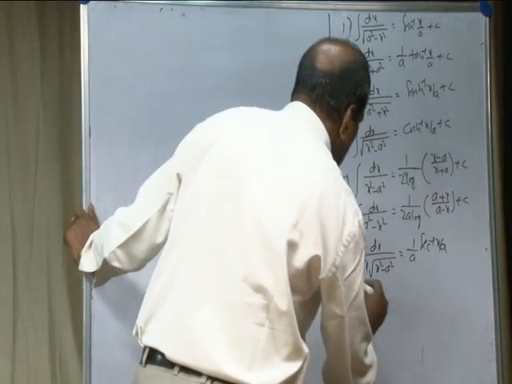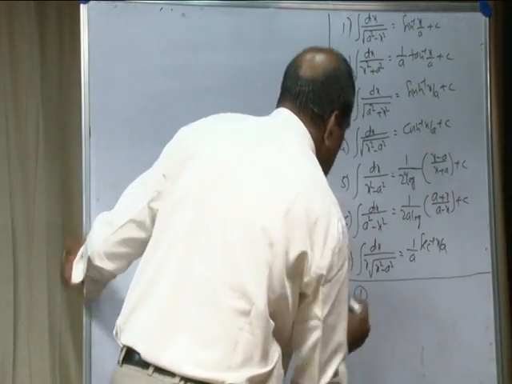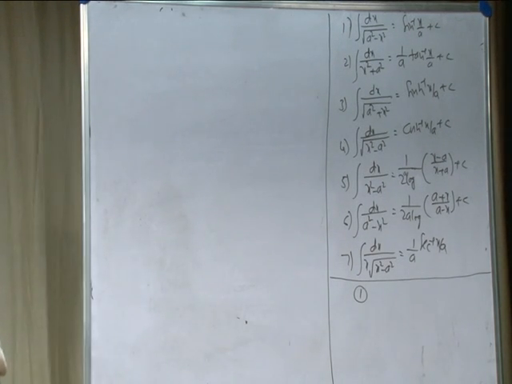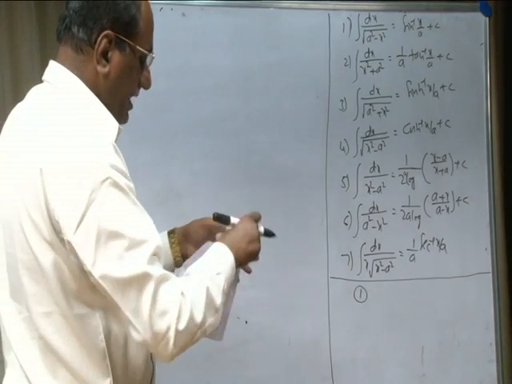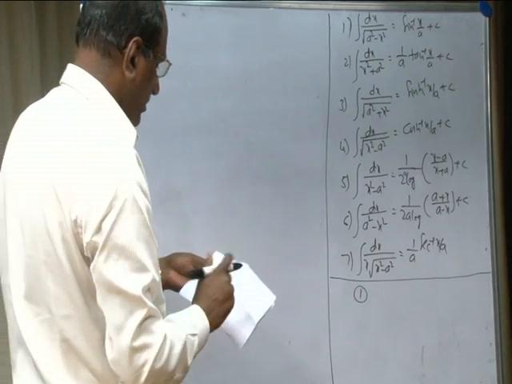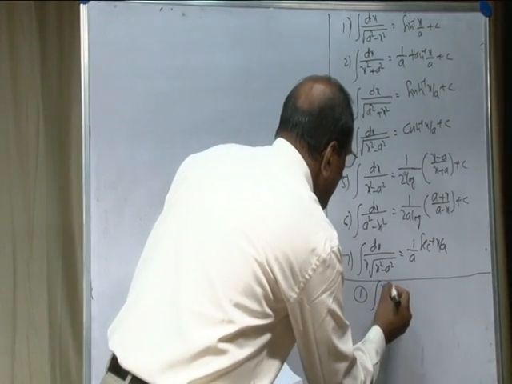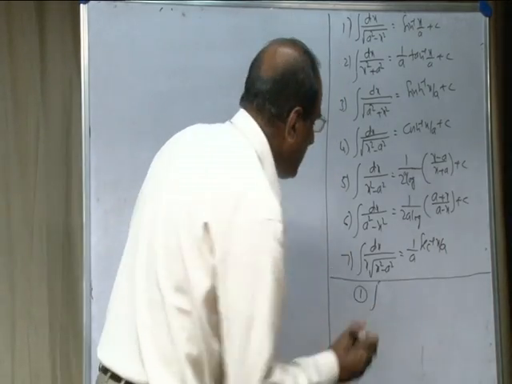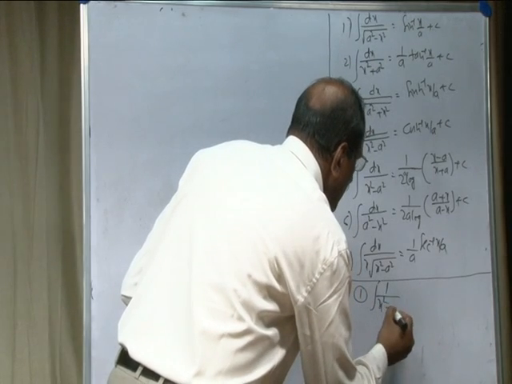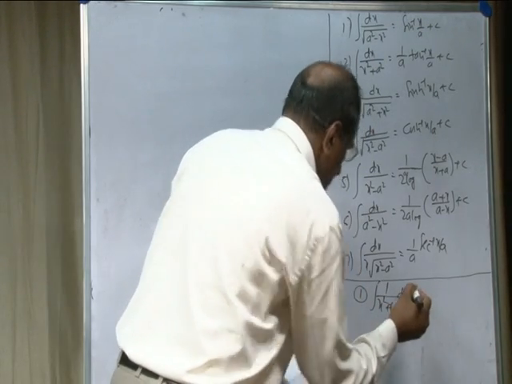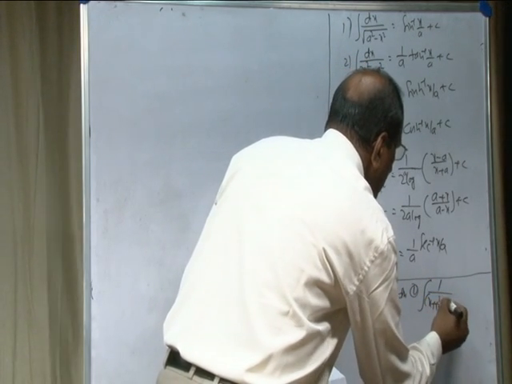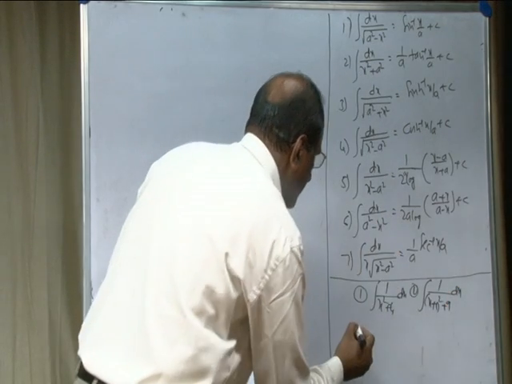Problem number 1: integration of 1 by x square plus 4 dx. Second problem: integration of 1 by (x plus 1) whole square plus 9 dx.